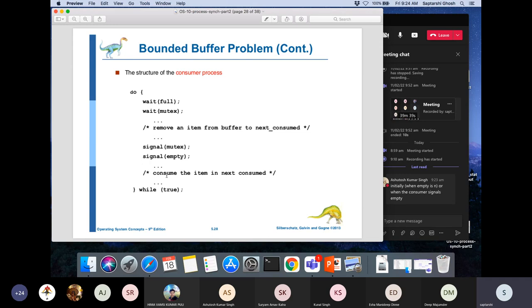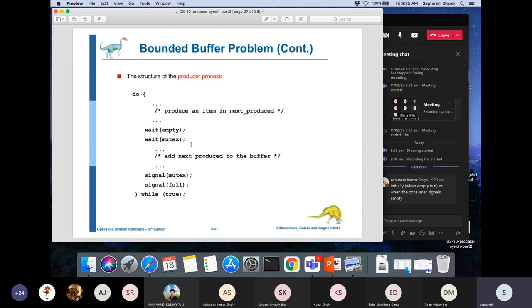If I go to the previous slide once, the consumer is exactly the mirror image. It first waits on full, which is signaled by the producer. And if I go back to the producer process, this is signaling full.